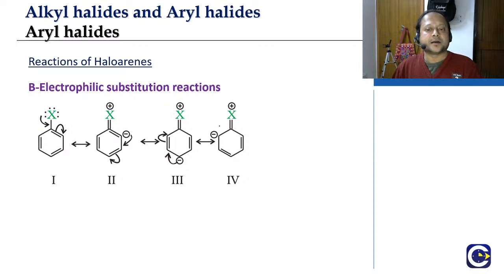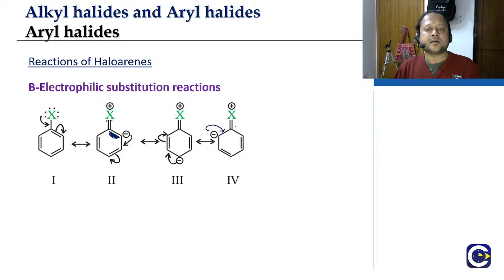So this is the plus R effect resonance that is taking place over here. You can see that the lone pair is coming here, and that is moving further. This is wrong, this should not have been there. Don't consider this, please. Then this electron keeps on moving further, and in the last case again, what is going to happen?